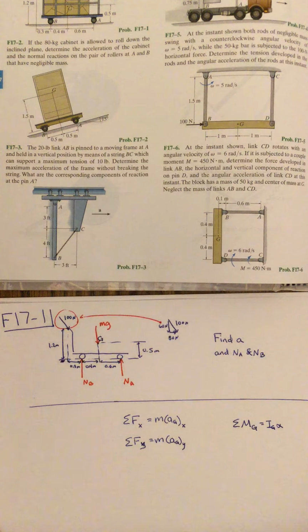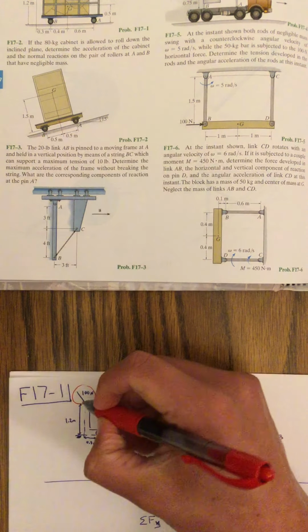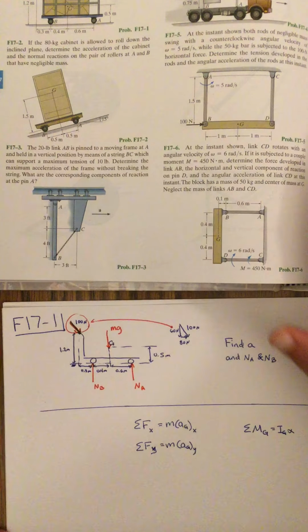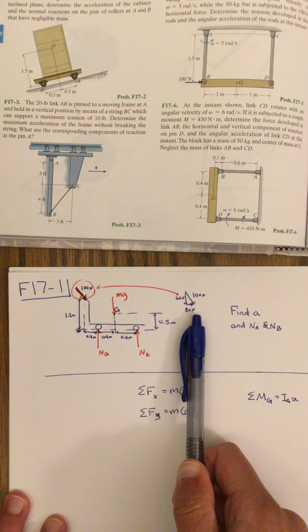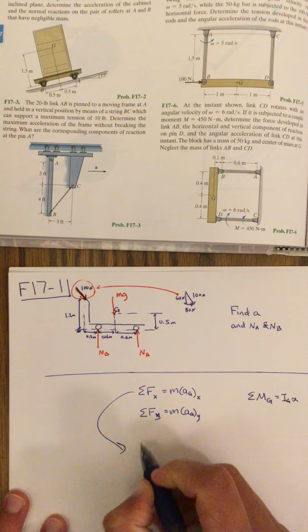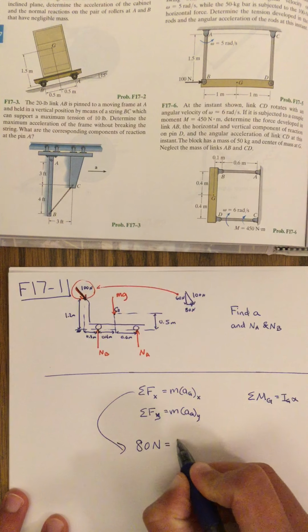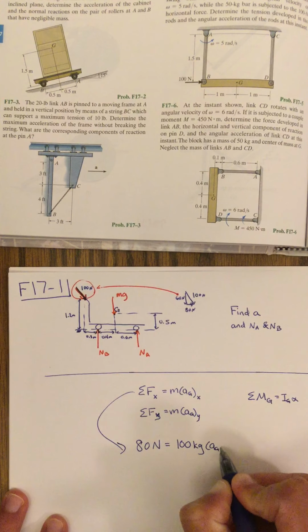Okay, so first let's look at the x components. So I have one force here, maybe I should make this red also, which has a component in the x direction. That component is 80 newtons. So that gives me 80 newtons is equal to the mass, which is 100 kilograms, times the acceleration.